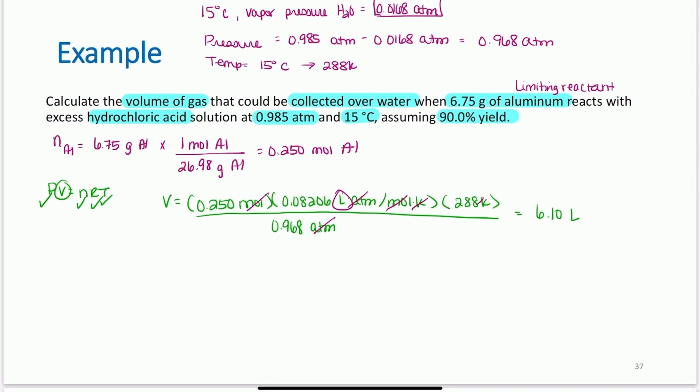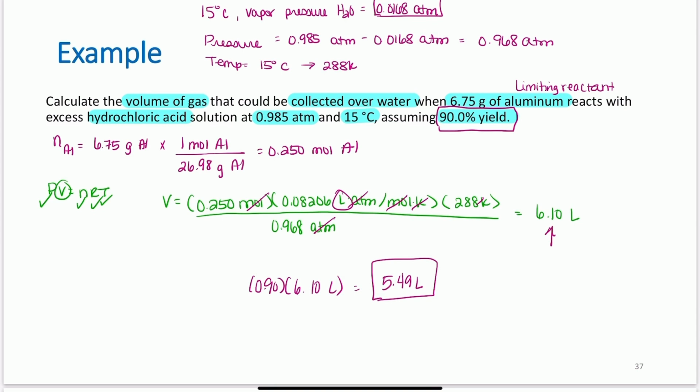But the last trick to this is it says assuming a 90% yield. So 90% yield, that means I get 90% of this. So 0.90 times 6.10 liters gives me 5.50, or depending on how you run, 5.49 liters that will actually be produced.